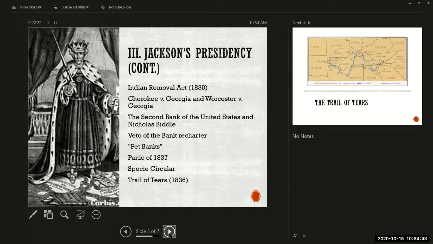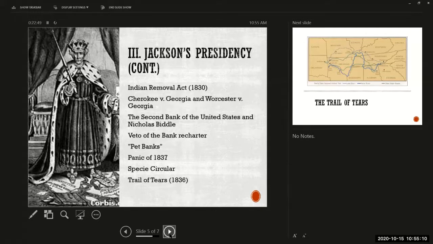There were lots of tribes in the Southeast especially, part of a group called the Five Civilized Tribes. And these tribes, the Cherokees, the Chickasaws, the Choctaws, the Creeks, and the Seminoles, had assimilated the most to Anglo society, out of all the tribes that there were at this point.